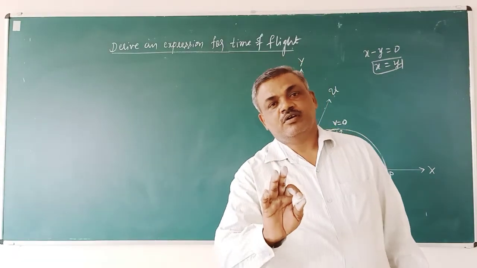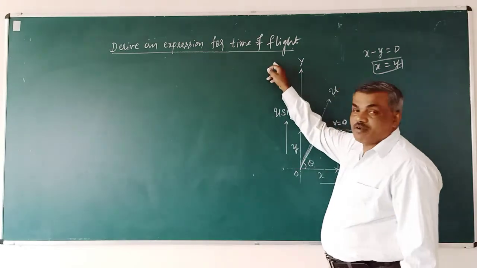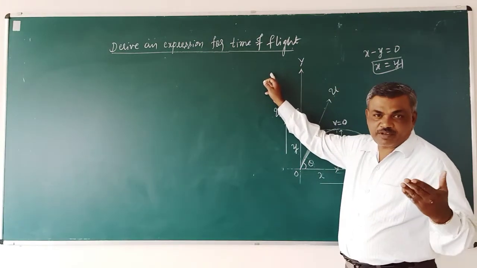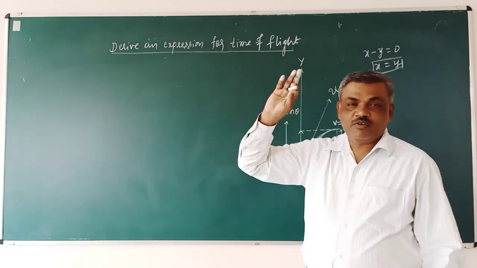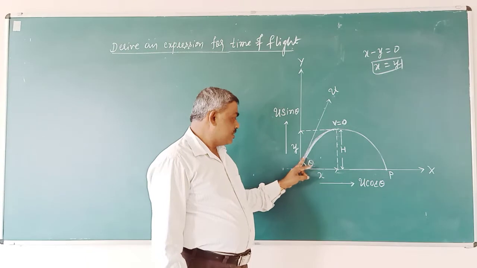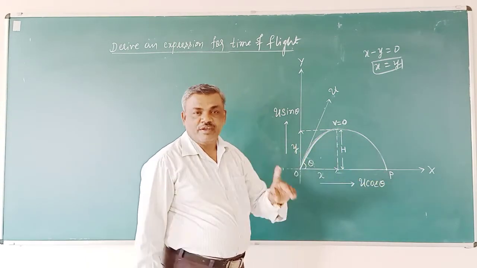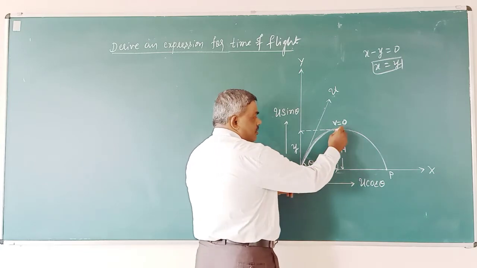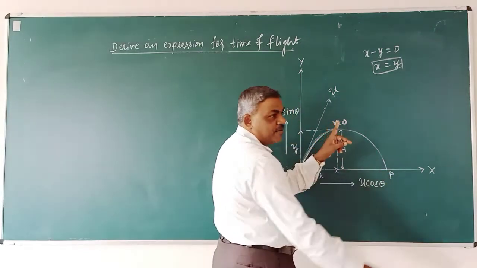Now one more 3 marks question: derive an expression for time of flight. The first parameter was maximum height, the second is time of flight. So what is the time of flight? The time taken by the projectile to reach the ground is called the time of flight. From 0 to the maximum point is the time of ascent, and from the maximum point down is the time of descent.